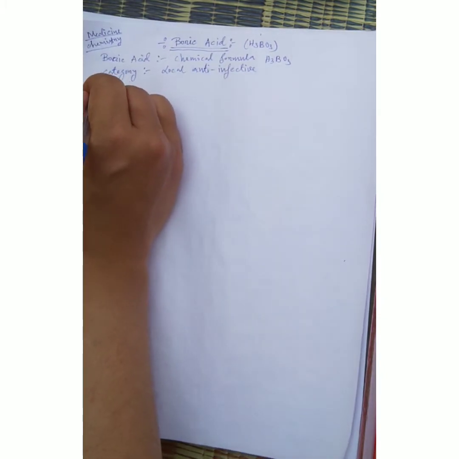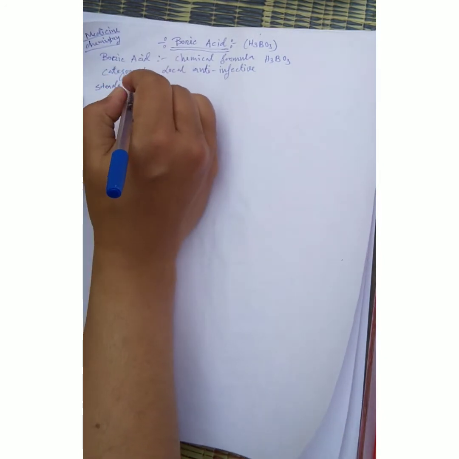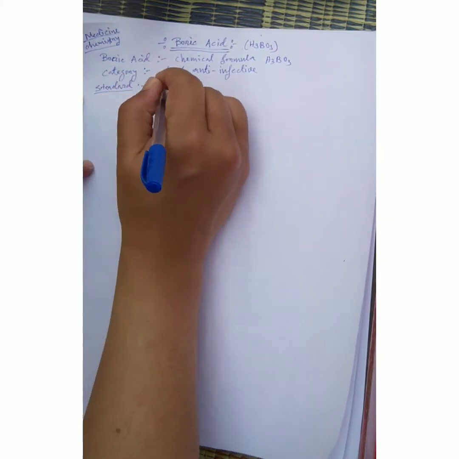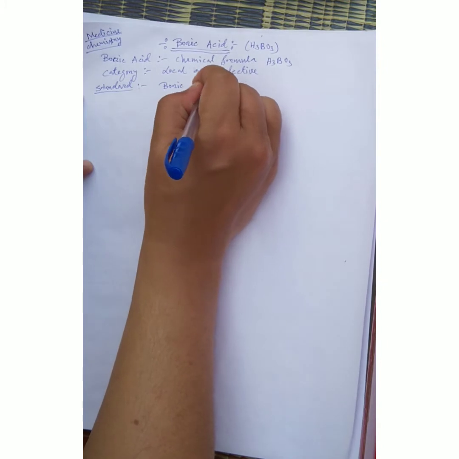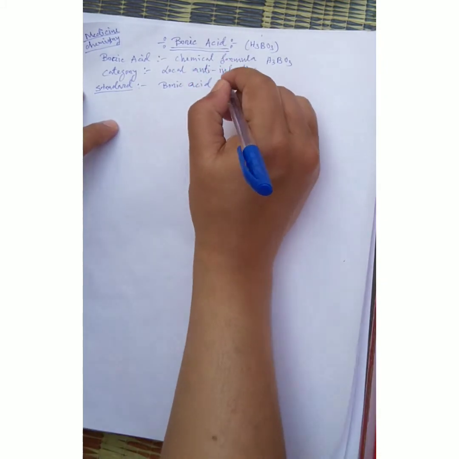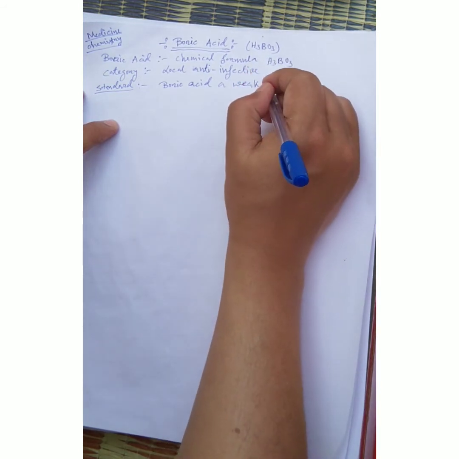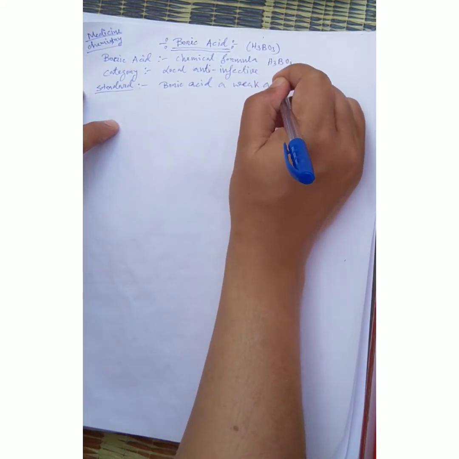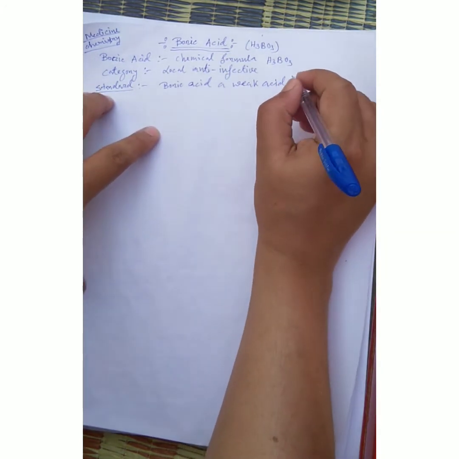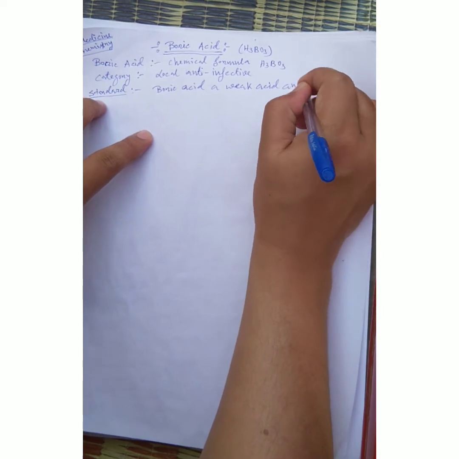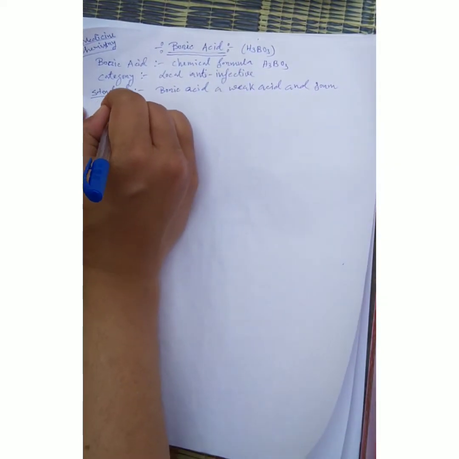Standard: boric acid is a weak acid, and it forms a sodium salt.